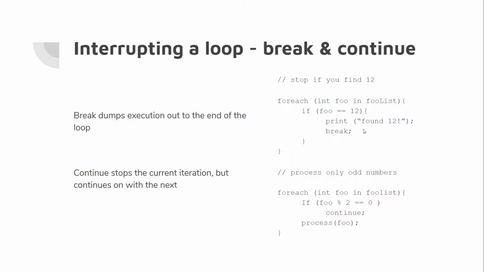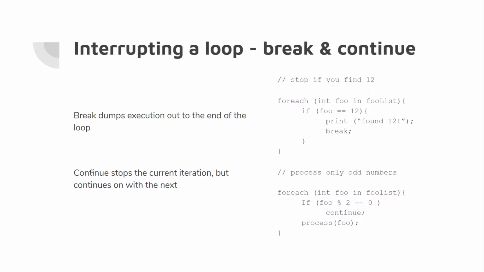The moment it finds any of them equal to 12, it'll print "found 12" and then break out of the loop. It's a handy way if you're trying to find, are any of the things you encountered this type of object? Is anyone in the party a zombie? If so, break the moment you find the one that's a zombie, without having to check everybody in the party. If you found one, you might as well move on.